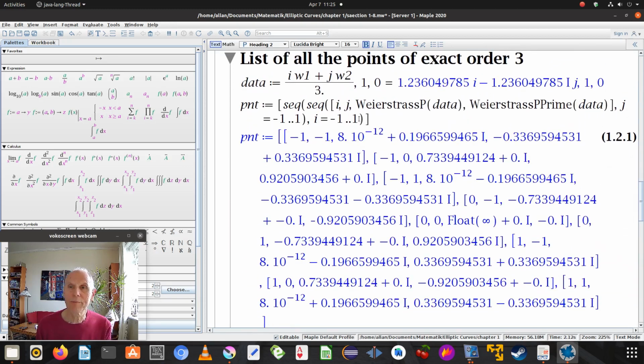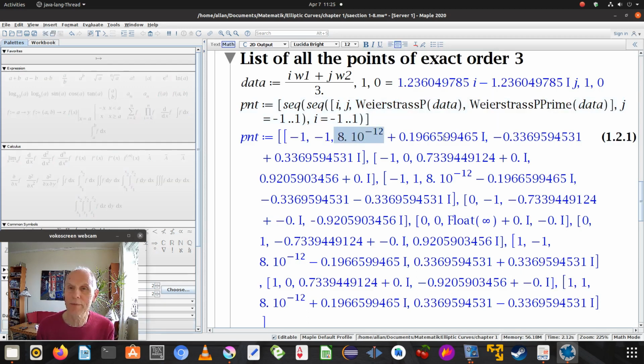So by using the Weierstrass elliptic function and its derivative, we find the points. This of course means that it's purely imaginary. And so that's the list of points.